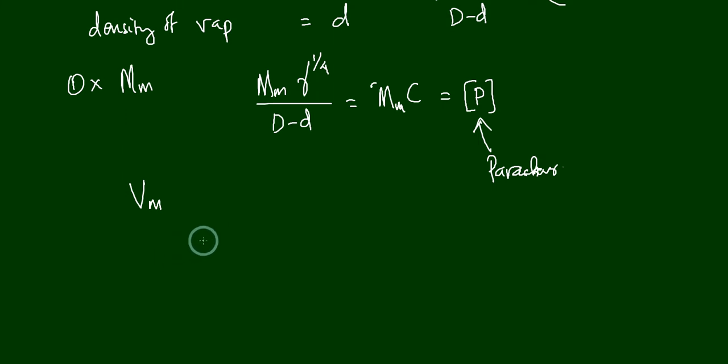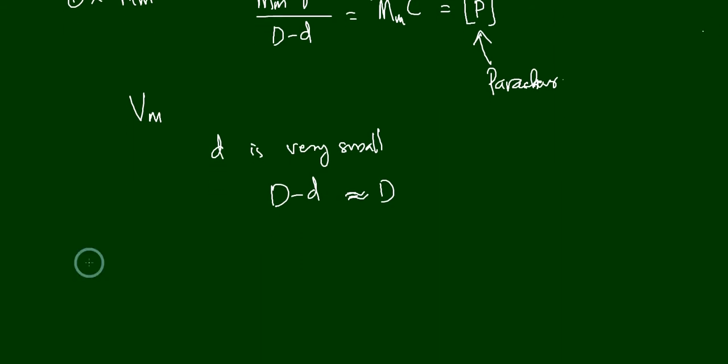And now we can suppose that small d is very small because that is the density of the vapor. The vapor is not very dense, and therefore the density of the vapor can be neglected, or d is very small compared to the capital D. Therefore in that case we can write that D minus d is almost equal to capital D, because small d is very small.